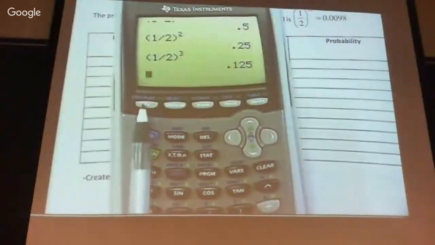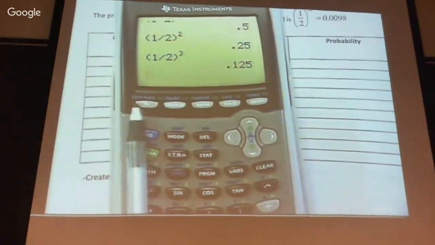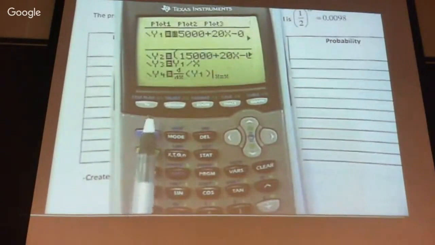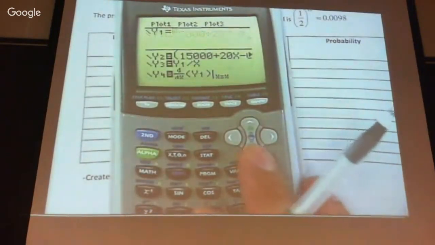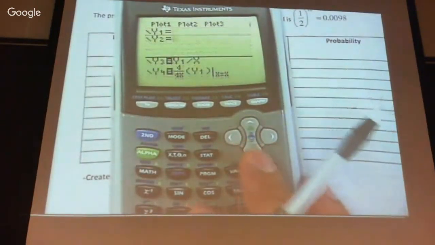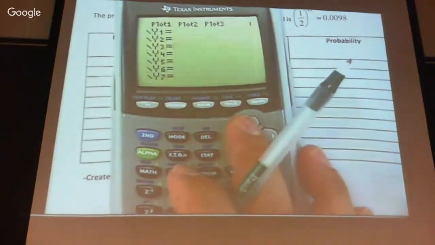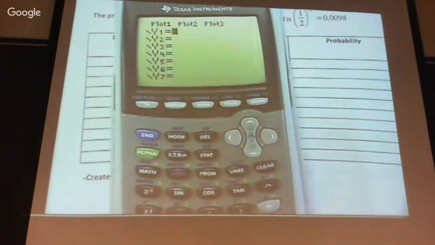Everyone go to y equals, and under y equals, we're going to put the function. If you've got stuff in there from another class, just hit clear. In y1, we're going to put the function with an x.